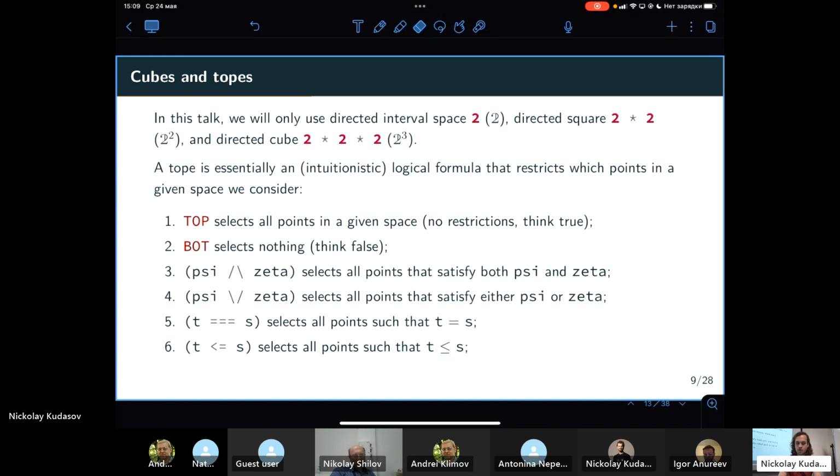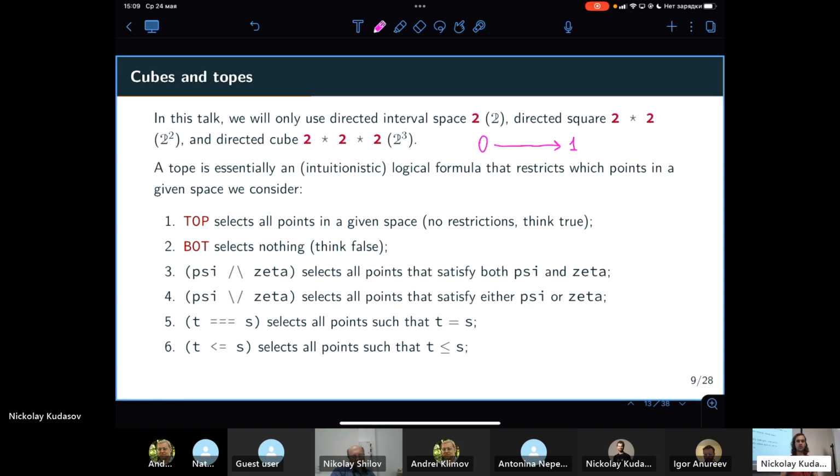So a directed interval 2 consists of a designated point that is called 0, a designated point that is called 1, and actually we don't know what else is in this space, but we know that if there is anything, all of this has to lie on a line from 0 to 1, and moreover we have basically a way to compare 2 points in this space.